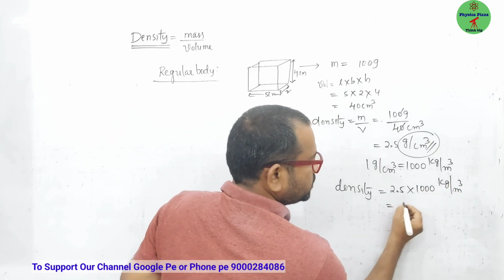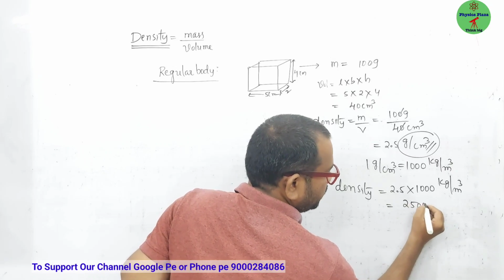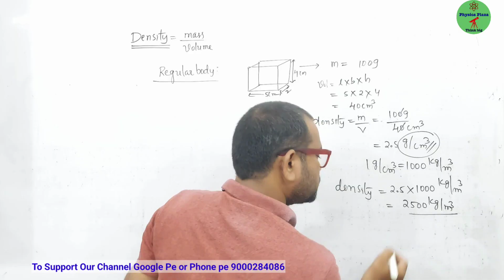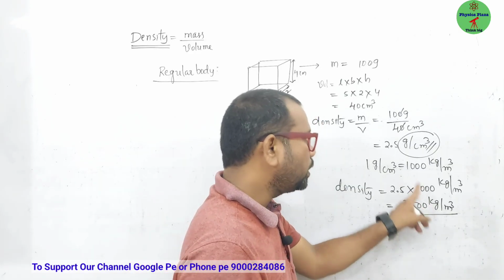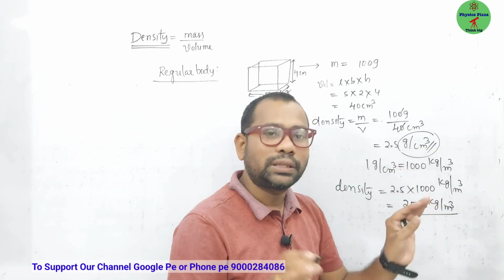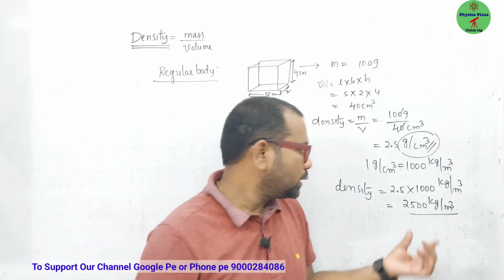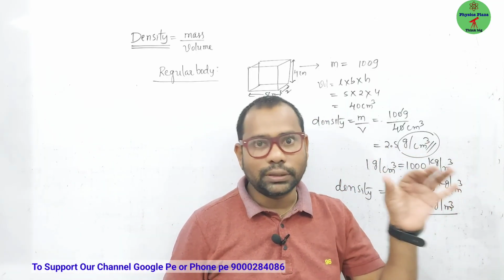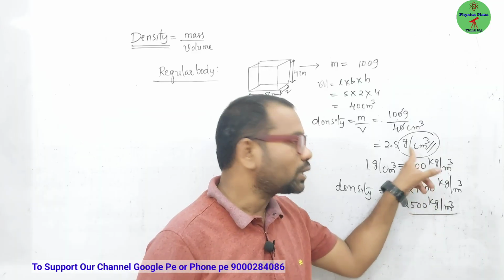Now 2.5 into 1000 is how much? 2500 kg per meter cube. Children, 2500 kg per meter cube and 2.5 gram per centimeter cube are mathematically equal. Don't think 2500 is more; that number is more, but see the units also.